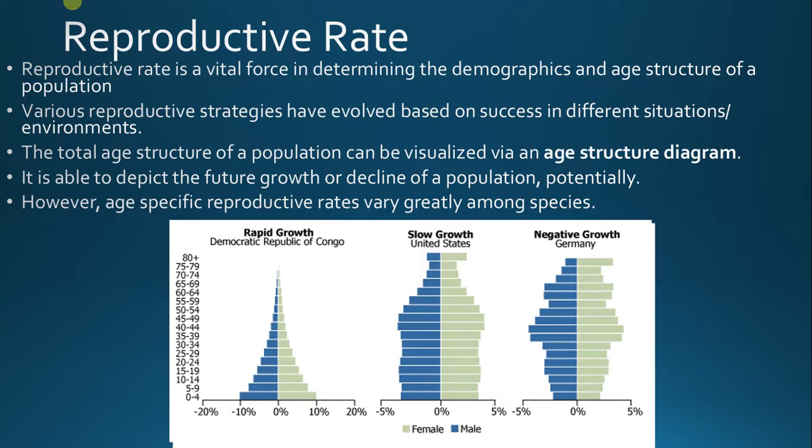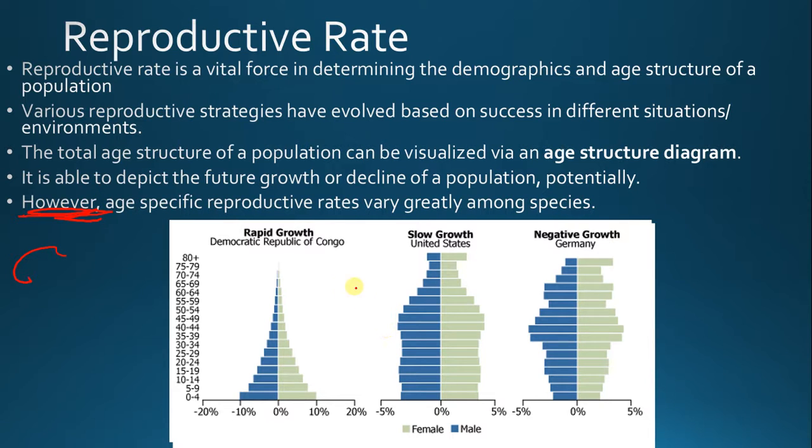One thing we can do, though, is create age structure diagrams to look at how the structure of a population is now, and predict potentially how it might grow or decline over time. However, the limitation to these age structure diagrams is that they're very species specific, since reproductive rates vary greatly from species to species and even population to population.